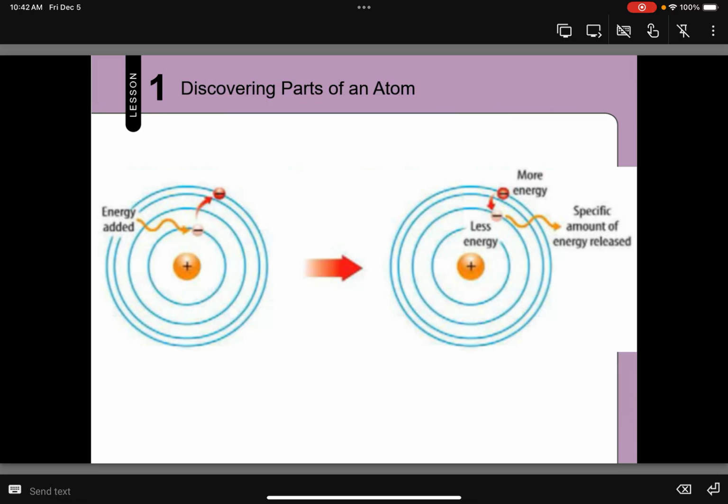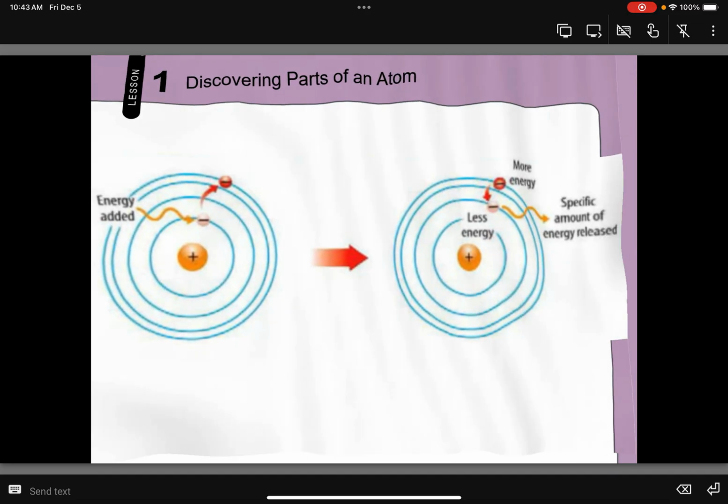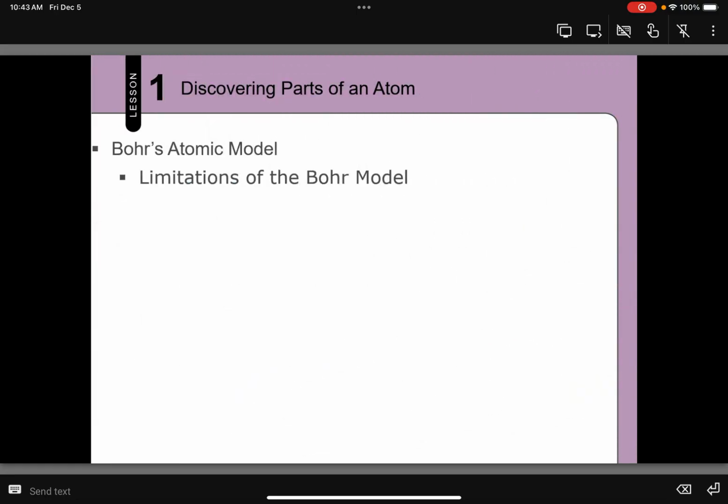We see it as different colors of light. We will see that when I show you the cathode ray tubes, because I have different gases in those tubes. You will see how the different amount of energy released gives us different colors. We also see that when we burn the chemicals.